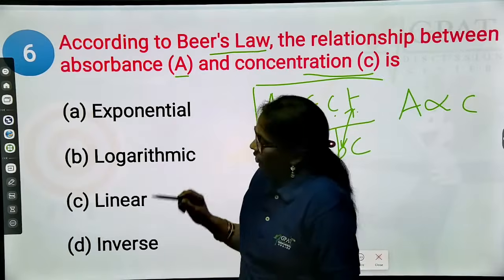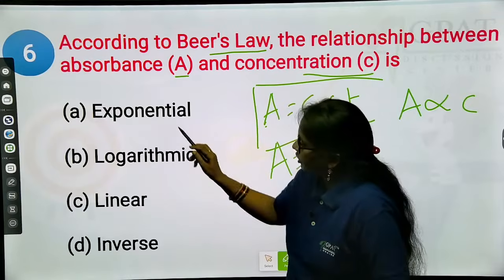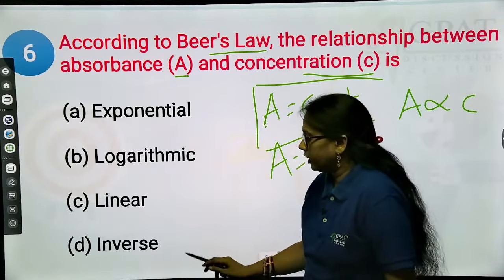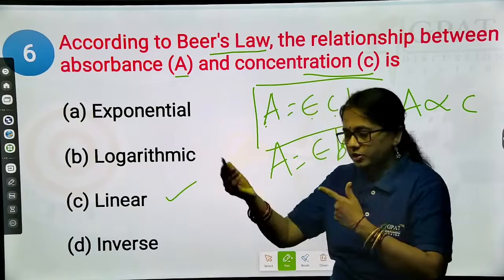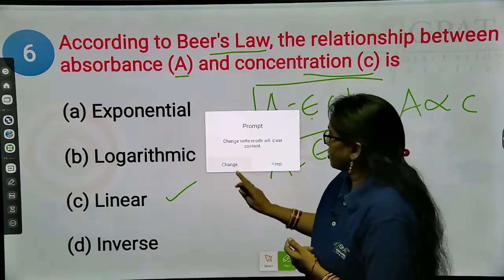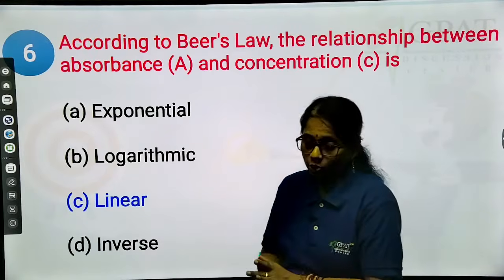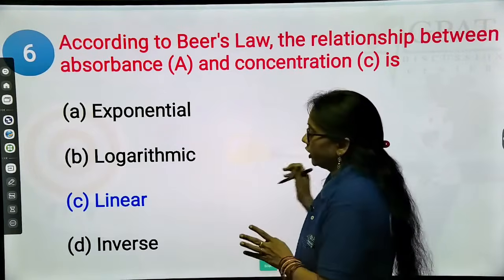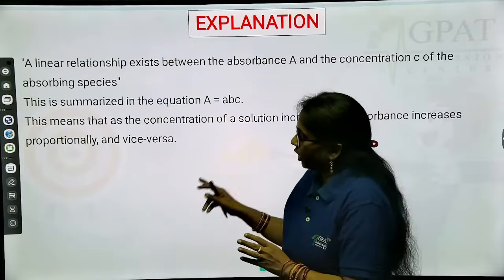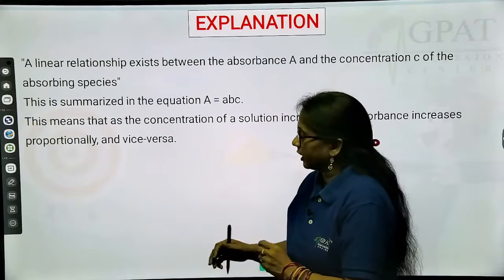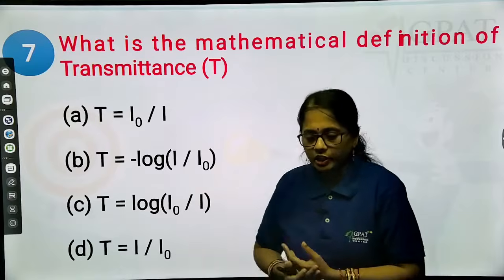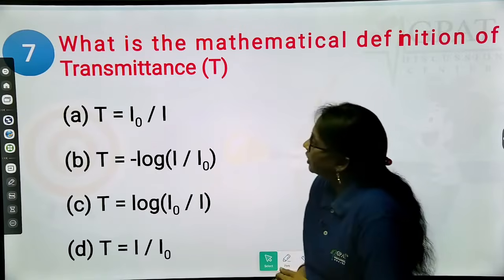So it is going to be either exponential, logarithmic, linear or inverse. So if absorbance increases, the concentration increases, that means both are going to be linear to certain level only. Okay, but not at high concentrations. So the other three options are not correct. So that's why linear is going to be the suitable answer.